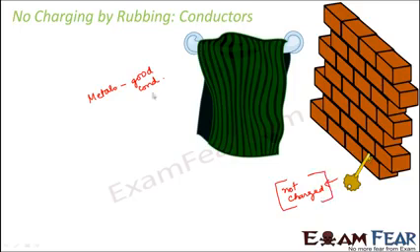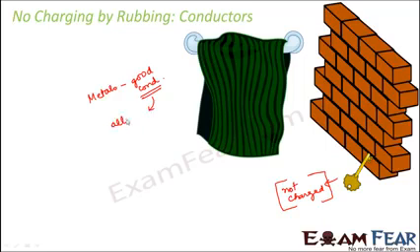And why is it not charged? Because it is made up of metal, which is a good conductor. And what happens in case of a good conductor? Good conductors allow easy passage of electricity through them. That is, they allow flow of charges through them. These good conductors also have free mobile electrons, and these mobile electrons act as the charge carriers.